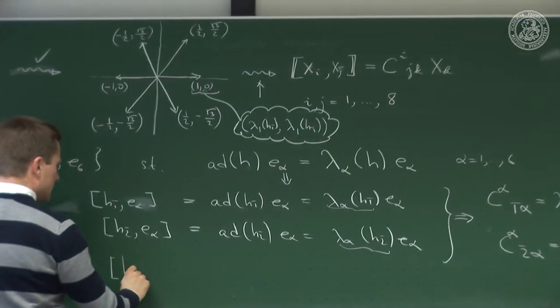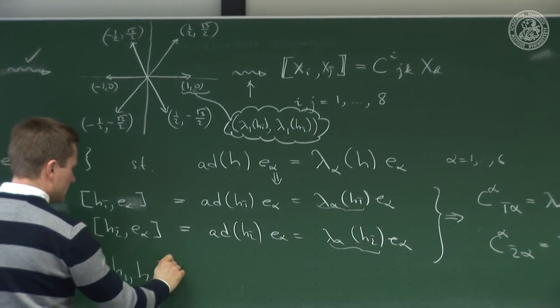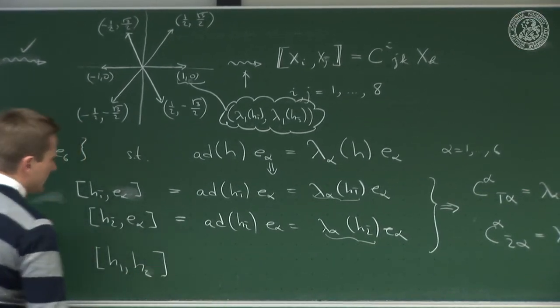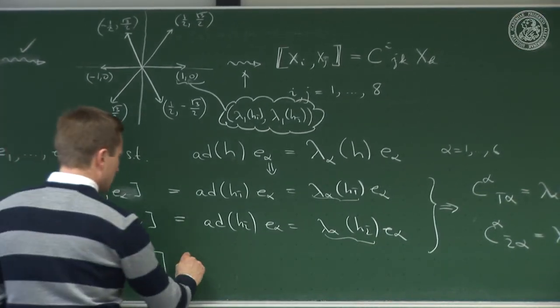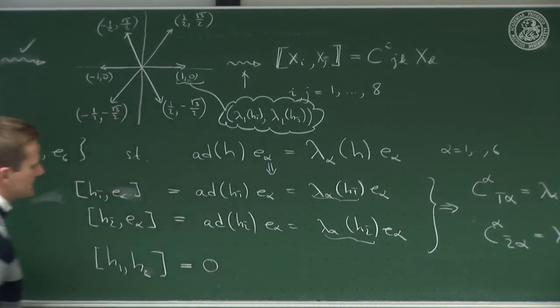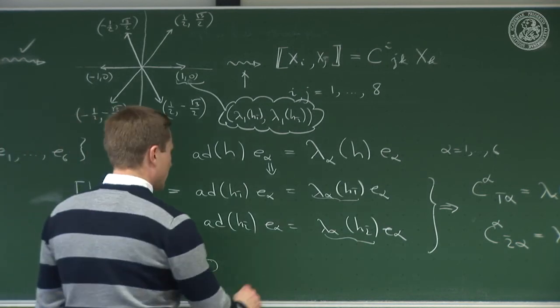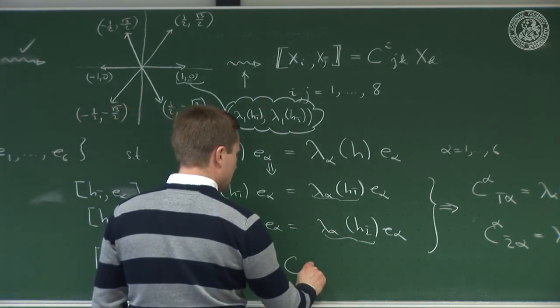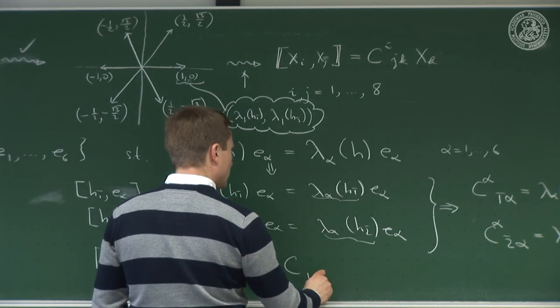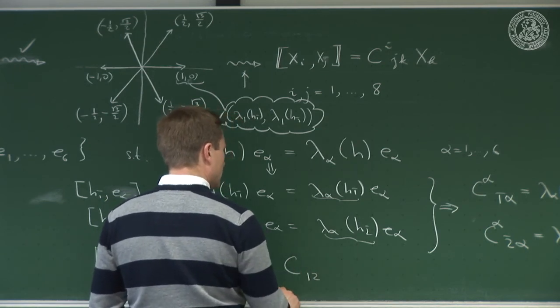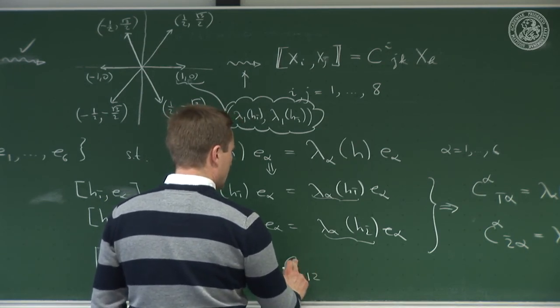We know that if we have H1, H2, and we have a simple Lie algebra, we know that the Cartan subalgebra is always abelian. So we also learn about the coefficients C1,1, 1,2, all of these, but the non-trivial ones are these here.